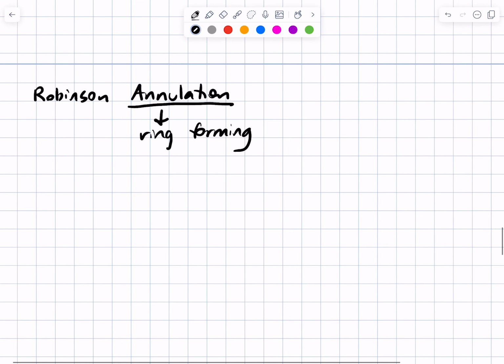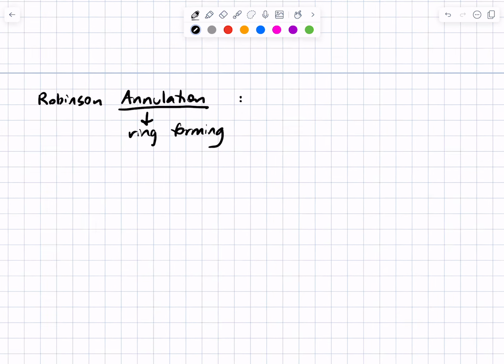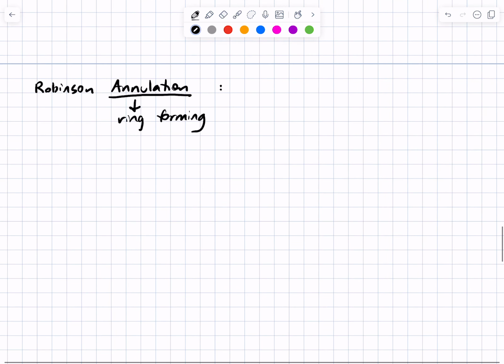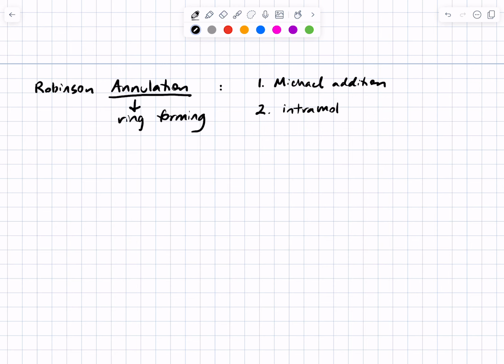So the Robinson annulation is only painful because it's got multiple steps, but in reality, it is just a Michael addition of an enolate to an alpha beta unsaturated carbonyl compound, followed by an intramolecular aldol reaction to make, and the product is a 6-membered ring.